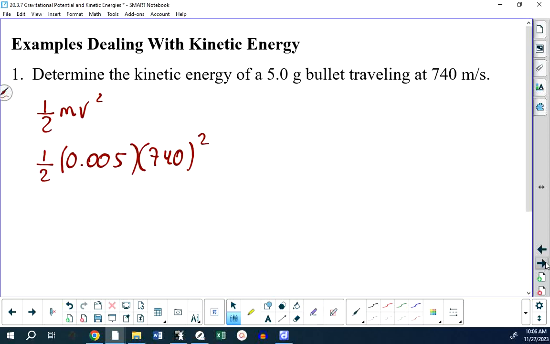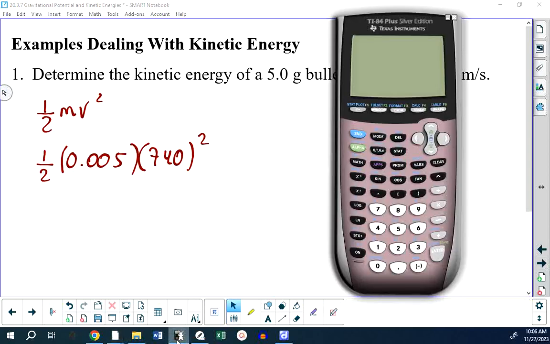It's a Science 10 question. We're going to be doing more with this, but the most common mistake is forgetting about that squared. And you might think, oh, I would never forget about it, but you might be surprised as well. I always enter the half as 0.5. And I get 1,369 joules.